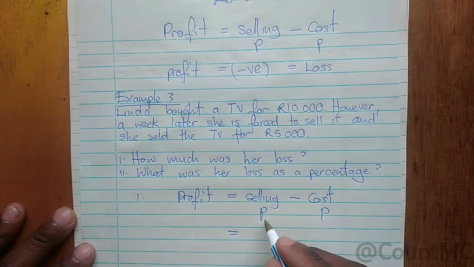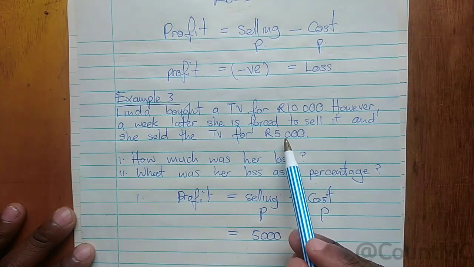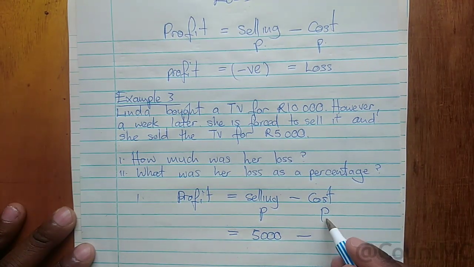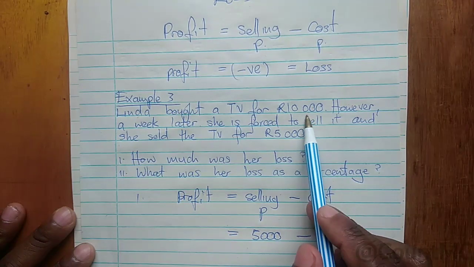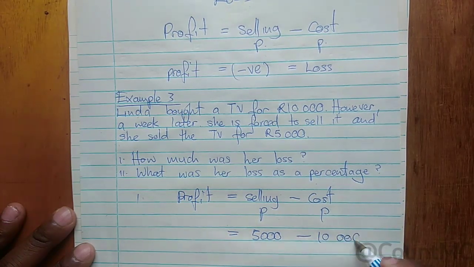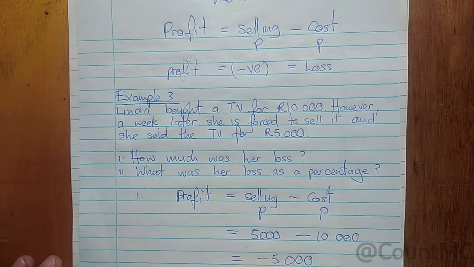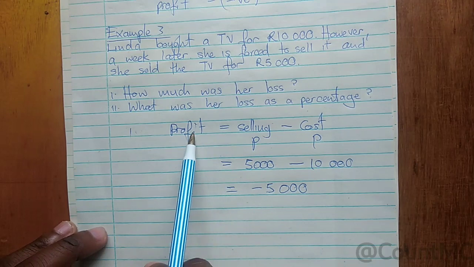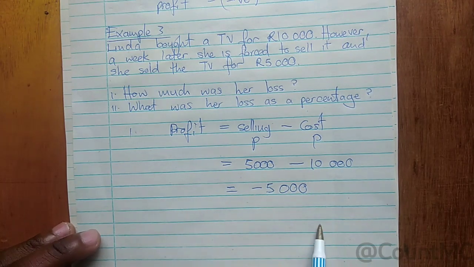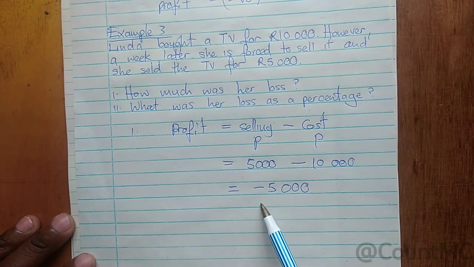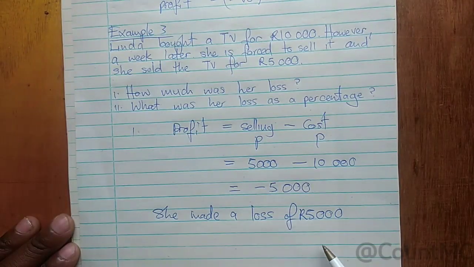Selling price, she sold it for 5,000, but cost price or buying price, she bought it for 10,000. So your answer is equal to minus 5,000. If you get a profit of minus 5,000, that's a loss. So as long as this answer is negative, that's a loss.